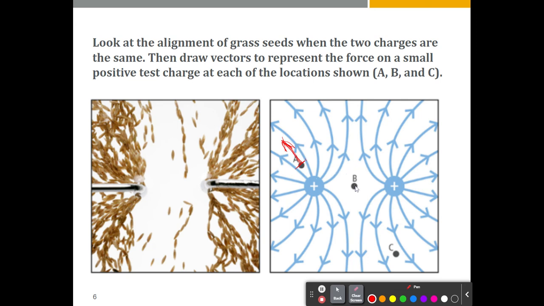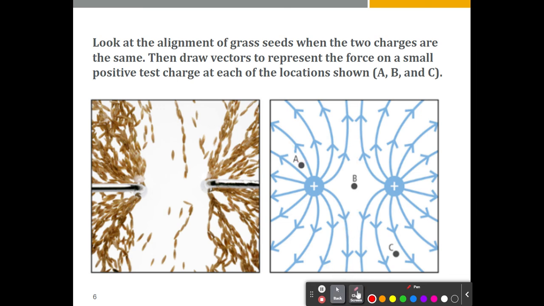Now B, what kind of force vector is on B? B is just trapped there. It probably wouldn't stay there for very long, because any kind of movement would have it launch up this way or this way, or straight there.